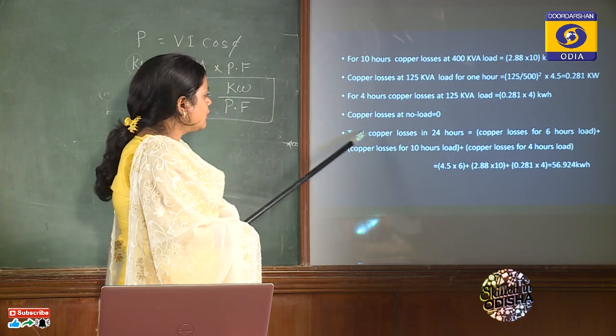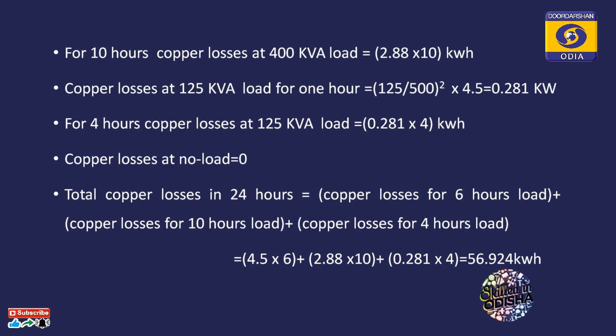So the total copper losses in 24 hours is equal to copper losses for the 6 hours load plus copper losses for the 10 hours load plus copper losses for the 4 hours load.